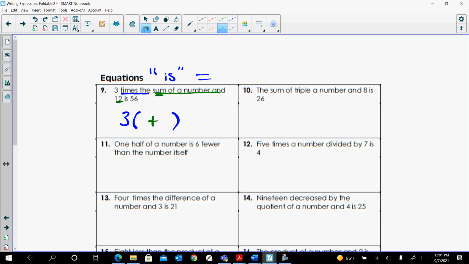What are we going to write? N plus 12. The sum of a number and 12 would be n plus 12. And the minute I see that word is, that's the equal sign. And then 56.